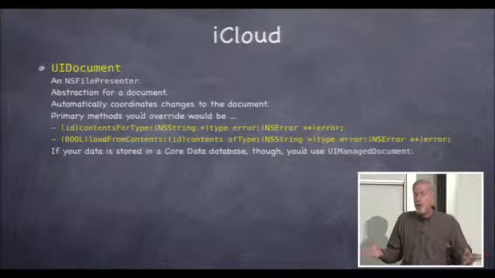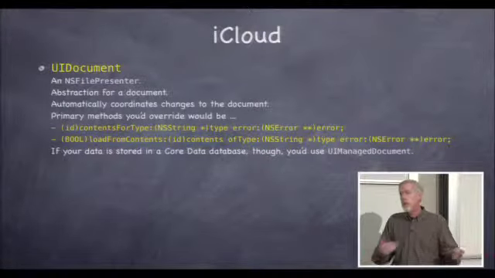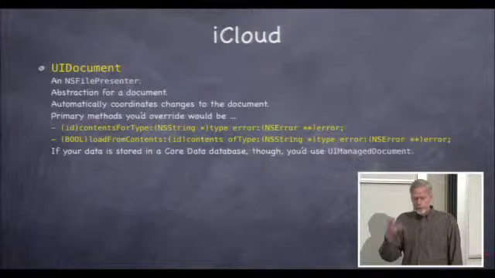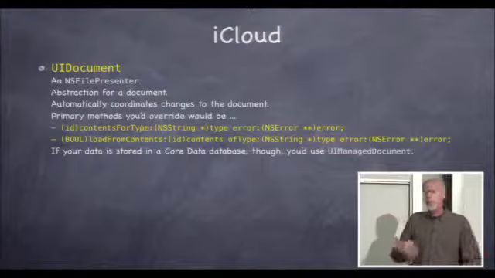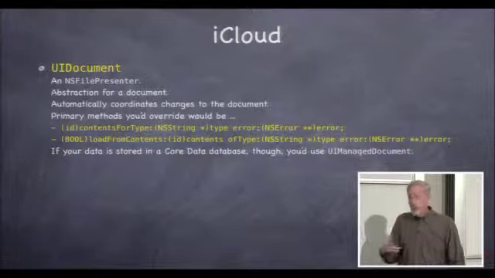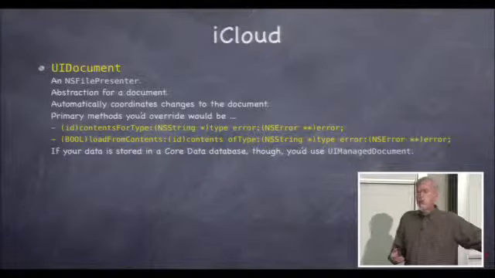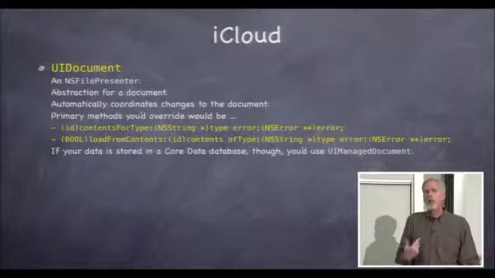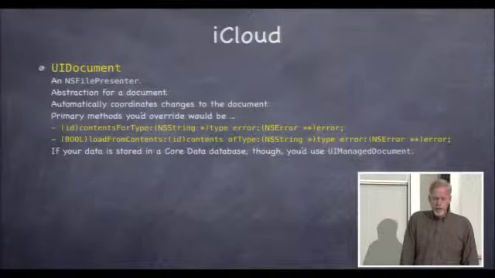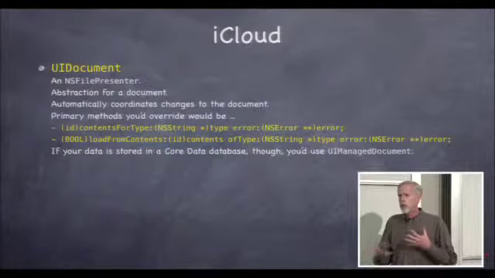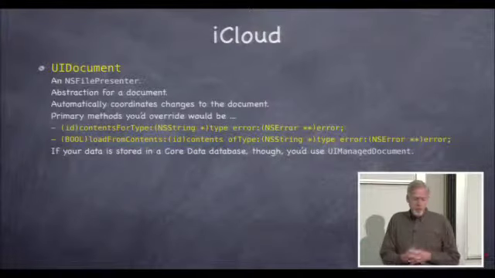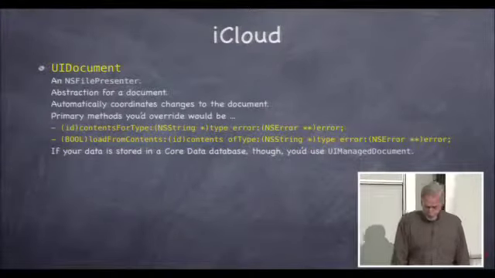Pretty much the rest of the management of saving, methods that you're used to, like save(to:) and open(completionHandler:), are all things that UIManagedDocument inherits from UIDocument and would automatically do the right thing and call these two methods to get the data in and out. So you could write your own UIDocument by subclassing UIDocument and implementing these two methods. There's some other stuff you might want to do in UIDocument related to auto-saving and undo management and things like that. But fundamentally, these are the two methods in UIDocument.